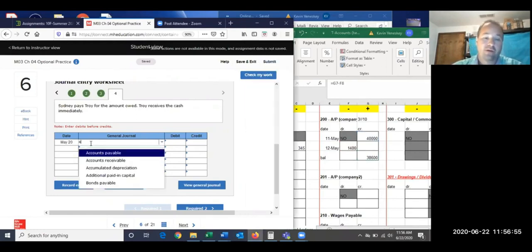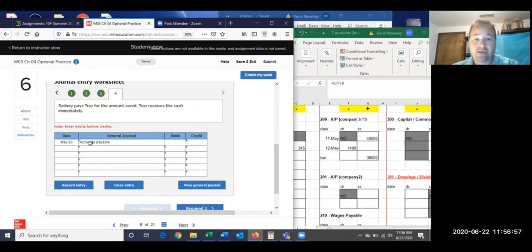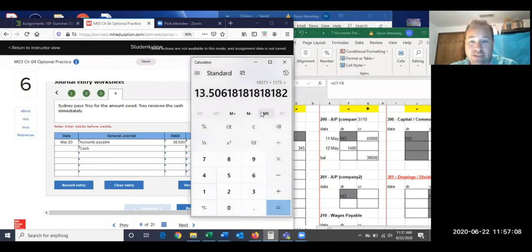So I want to come over here and credit $38,600 because we're paying off the entire amount owed, but I'm not paying cash quite that much because I get a 3% discount on $38,600. So I get a discount of $1,158.